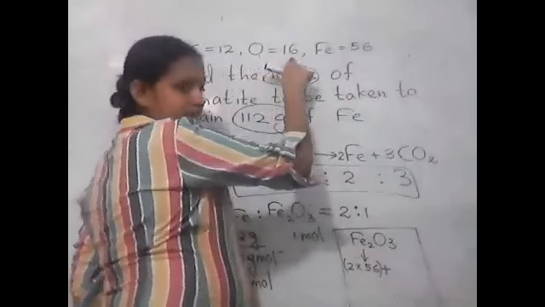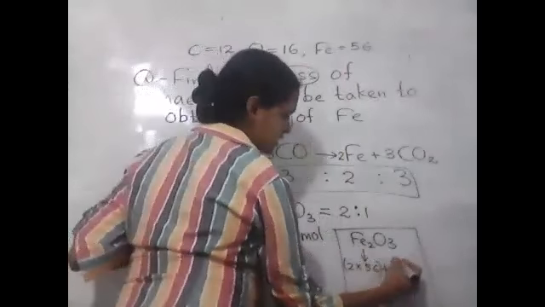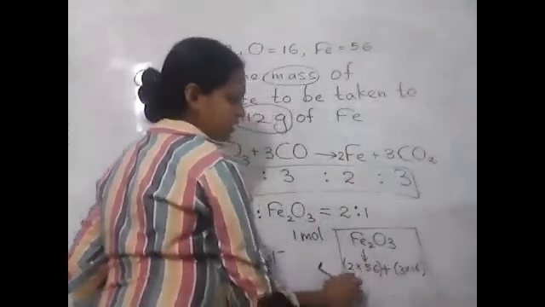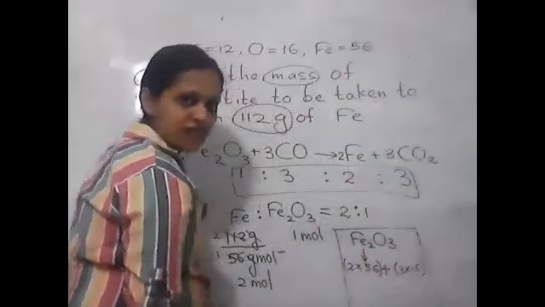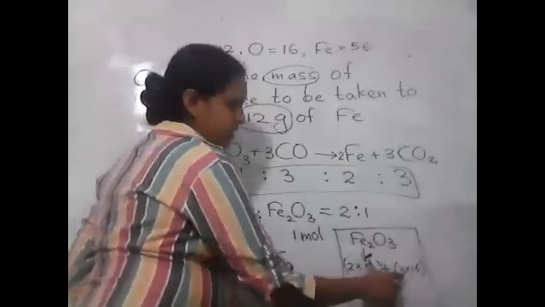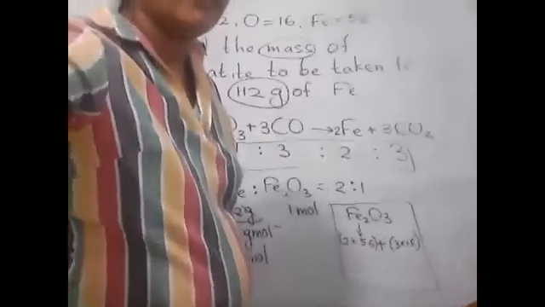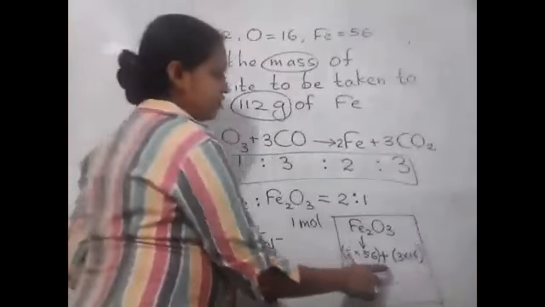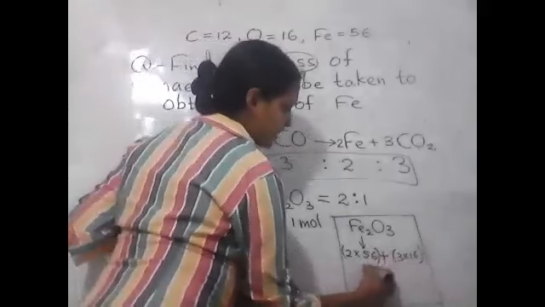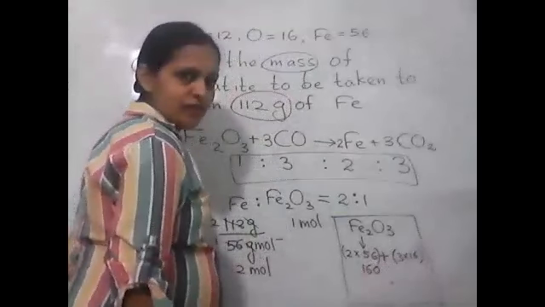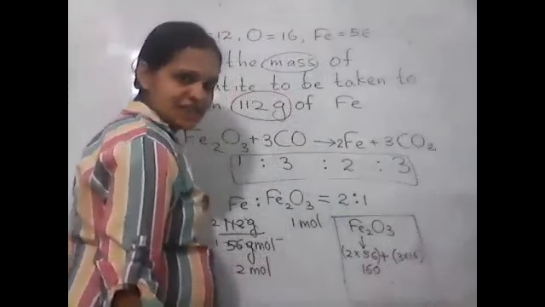The relative atomic mass of oxygen is 16. Therefore, 3 into 16. So 2 into 56 is 112 and 3 into 16 is 48. Therefore, 112 plus 48 means 160. The relative molecular mass of hematite is 160.